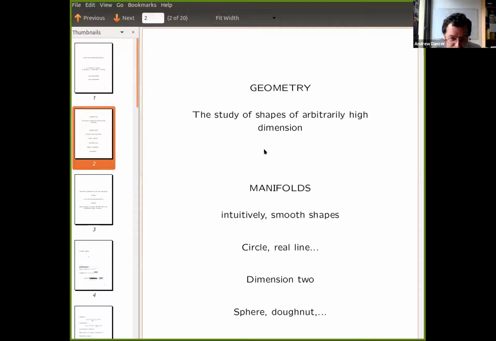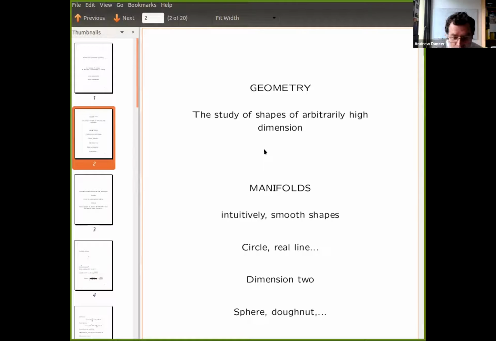We're doing differential geometry, which we could very informally describe as the study of geometric objects, of shapes, of spaces, but of course of arbitrary dimension. We're usually looking at objects called manifolds, which we could intuitively think of as smooth shapes.